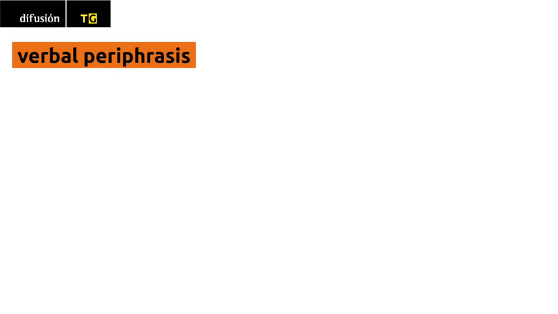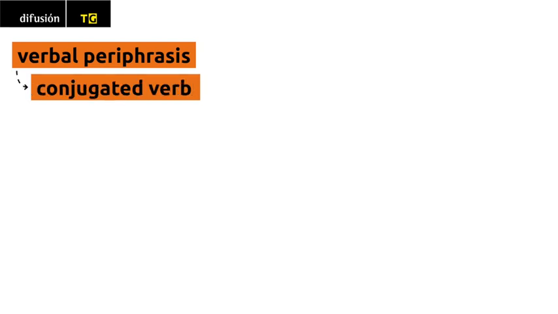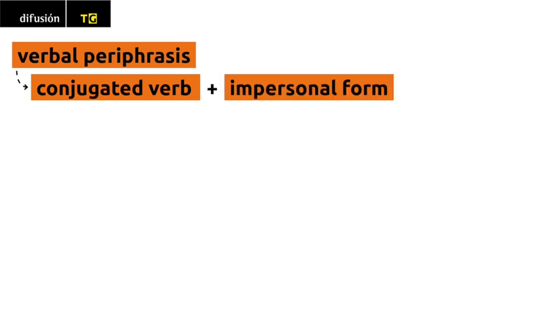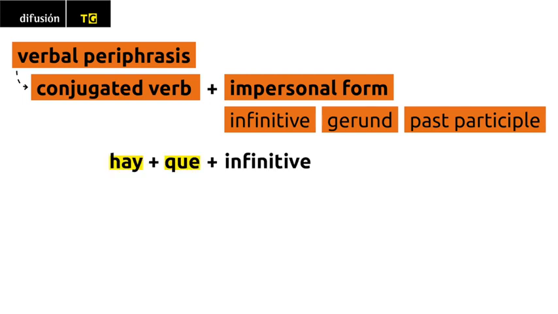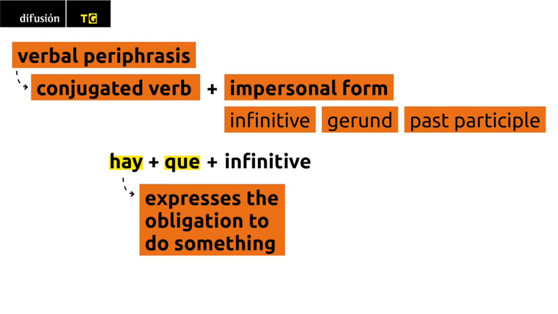A verbal periphrasis is made up of two verb forms, a conjugated verb and an impersonal form, an infinitive, a gerund, or a past participle. The verbal periphrasis, hay que plus infinitive, is impersonal and expresses the obligation to do something.